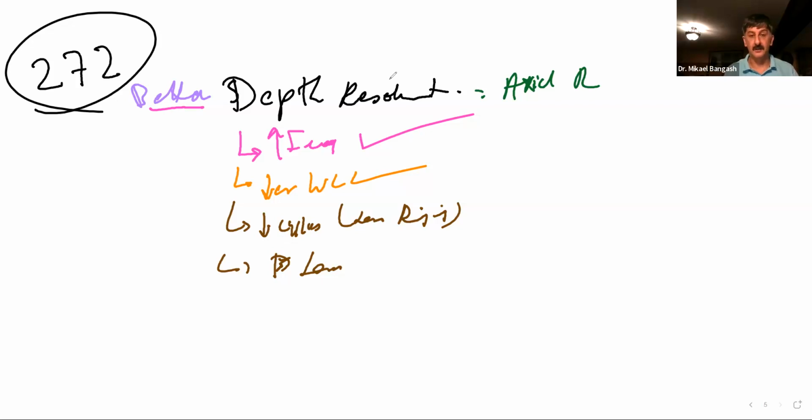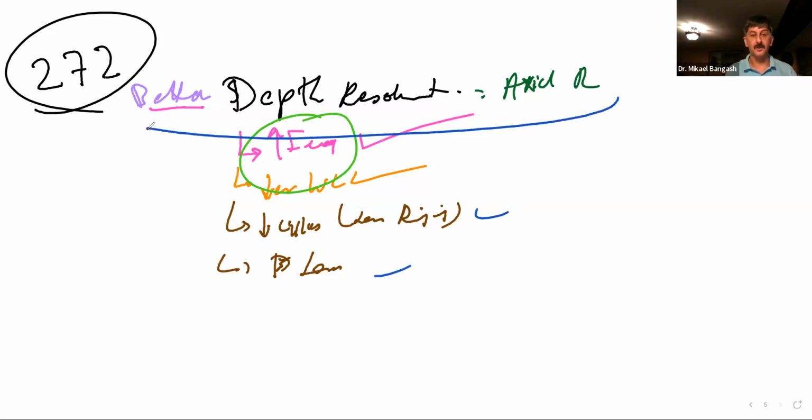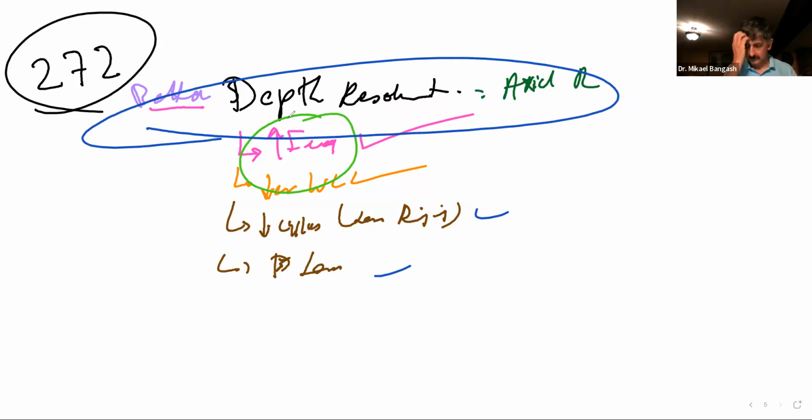Likewise, A and D would mean the same. So all of these lead to a better axial resolution or depth resolution.